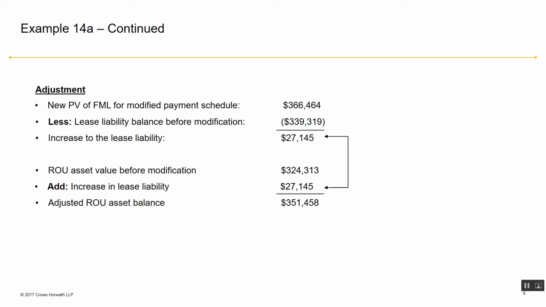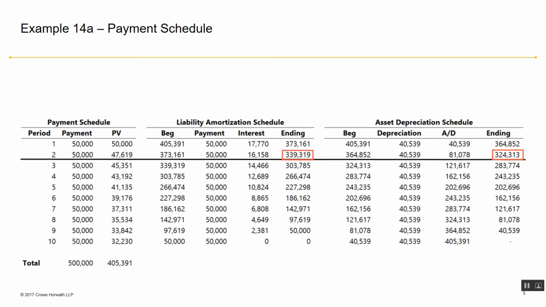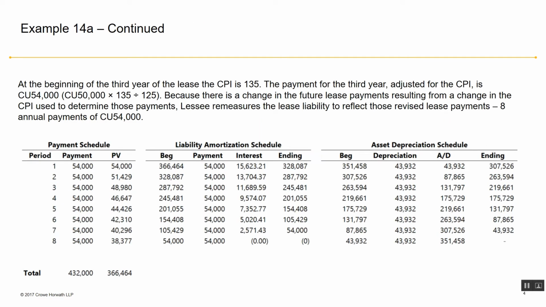And then we see the carrying value of our right-of-use asset before the modification is $324,313. We add the increase to our lease liability of $27,145, and we get our adjusted right-of-use asset balance of $351,458, which we can see is the beginning value of our asset depreciation schedule.